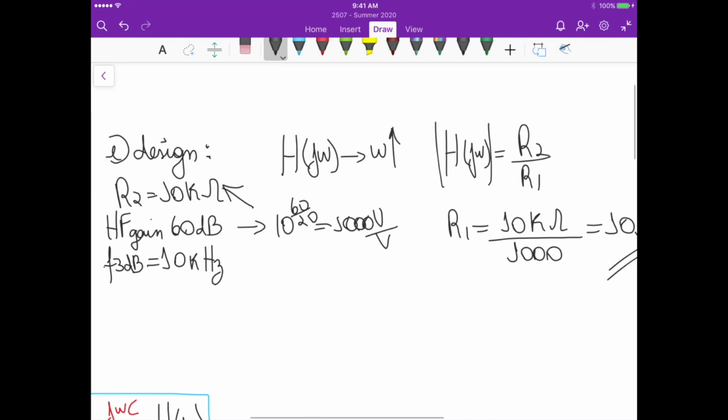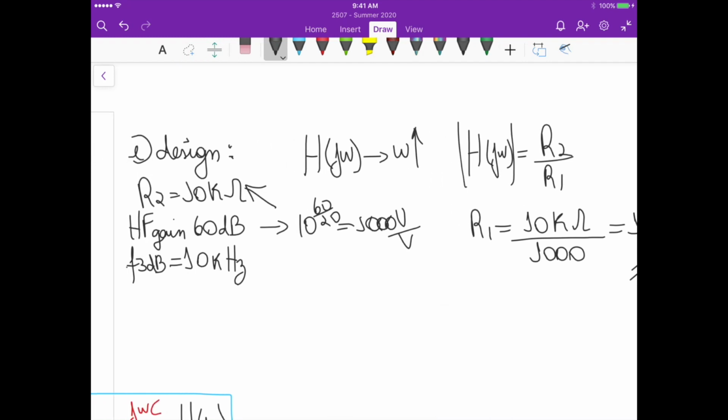So we got R1, we already know R2. Now from the 3 dB frequency gain, we can calculate the capacitor value, right? So for the capacitor value, we know that 2 pi times that 10 kilohertz is equal to 1 over C times R1, right?